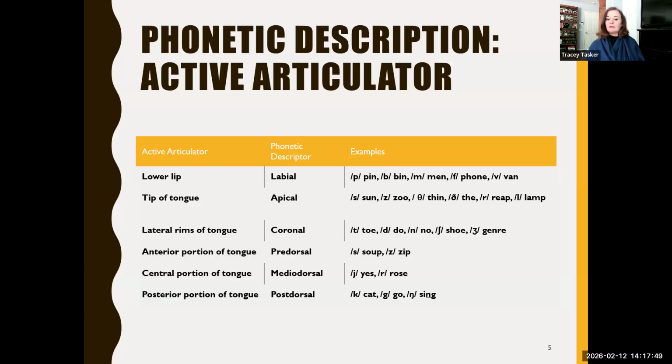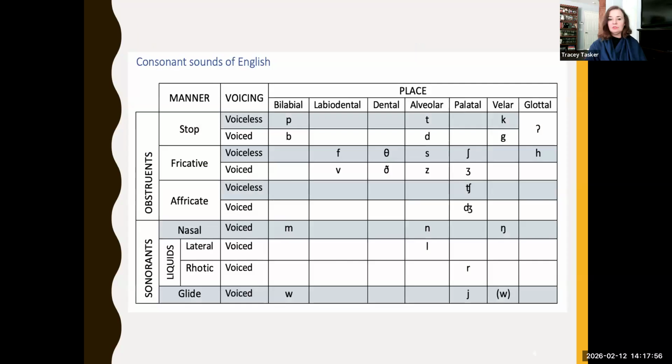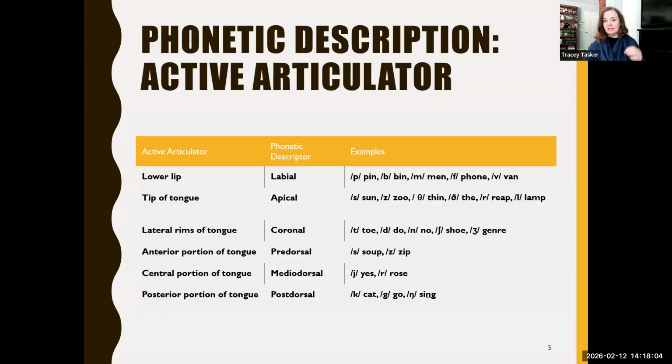Don't get too bogged down in this, because when we're talking about place, we're using more high level terms. We're not going into the fine detail of all these different phonetic descriptions. This is just here for your reference as you're reading through the chapter.